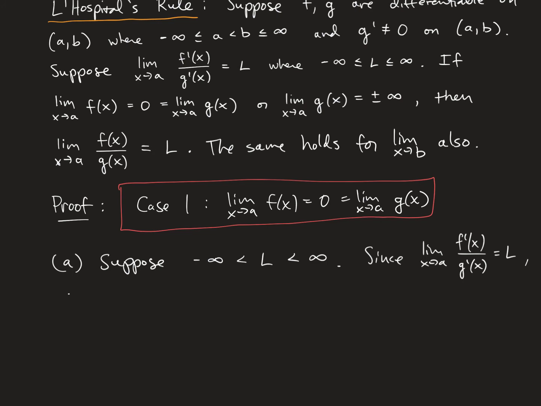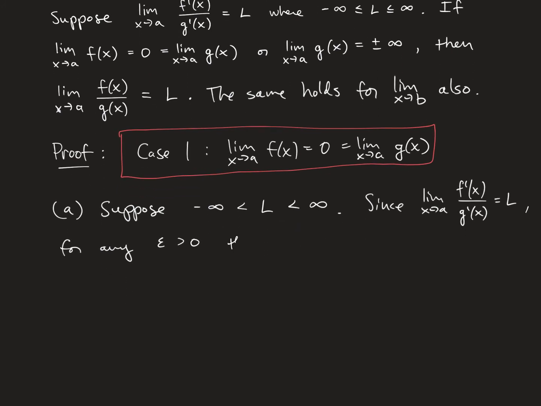Since that, for any epsilon greater than 0, there is a c, so we'll say c in (a, b). This c is just a plus delta. So we're just saying we're close enough to a here. Okay, so c is going to be close to a, it'll be a plus delta.